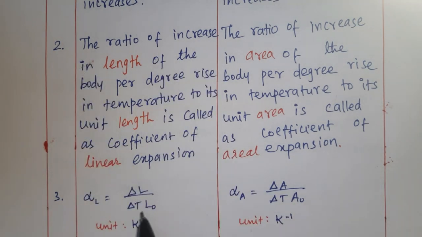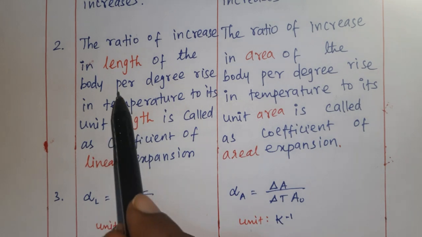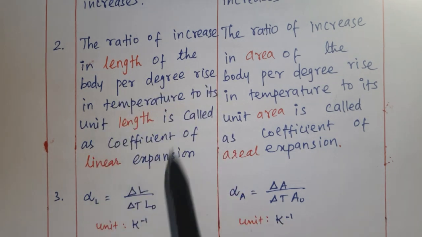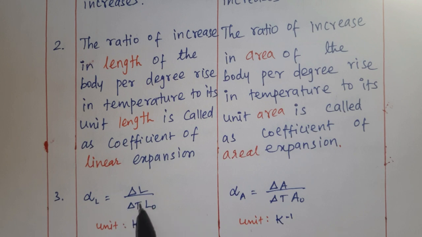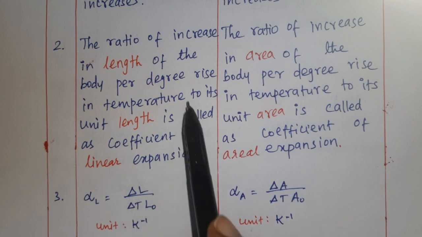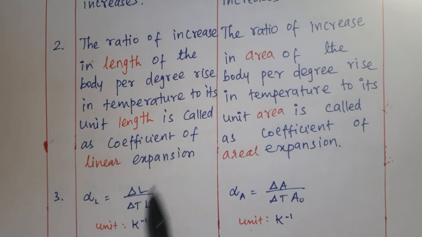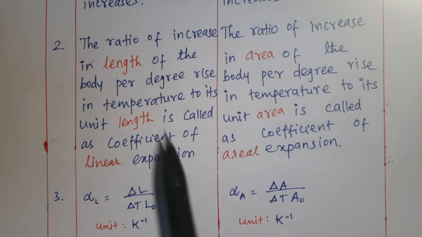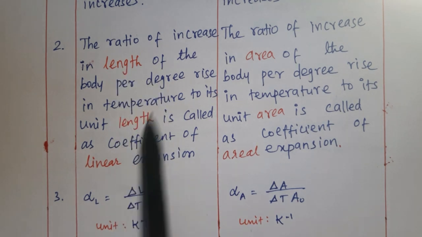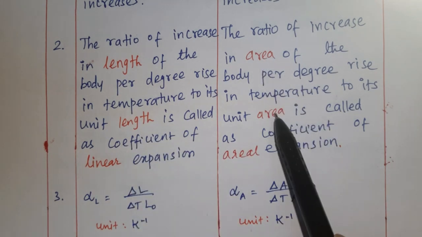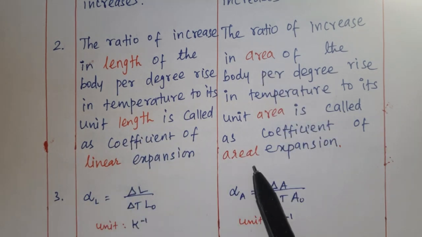The ratio of increase in length of the body per degree rise in temperature to its unit length is called the coefficient of linear expansion. Its unit is Kelvin inverse. Here, wherever there is length, replace that length by area, and linear by areal.